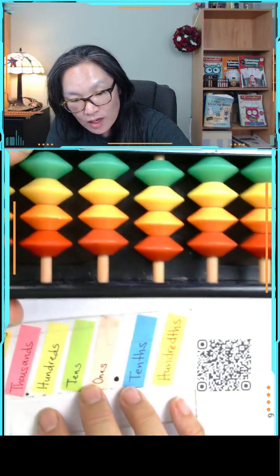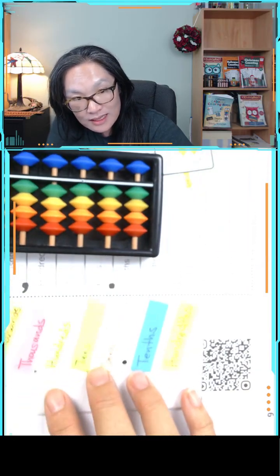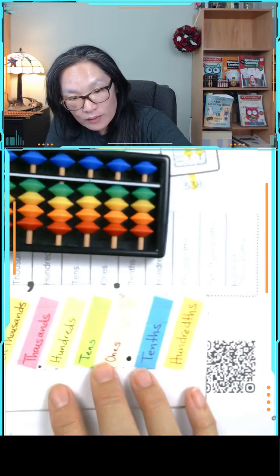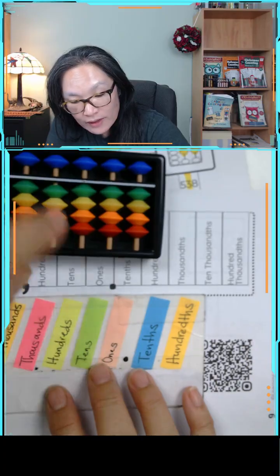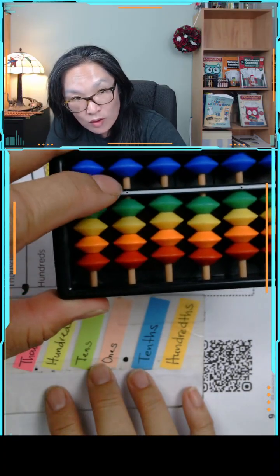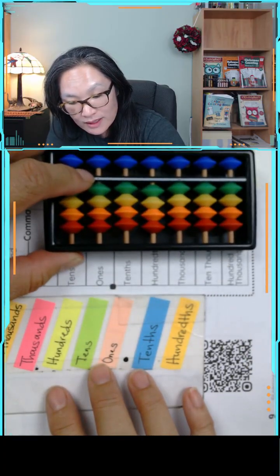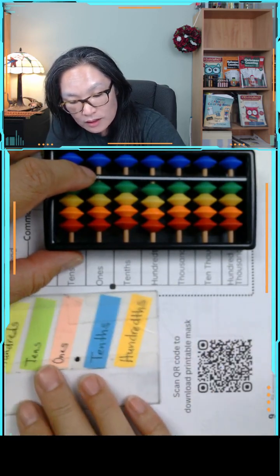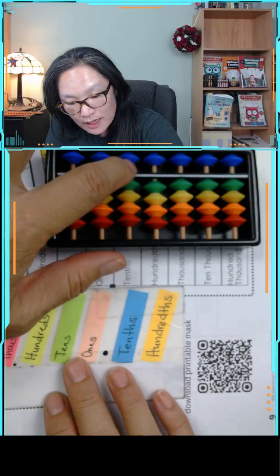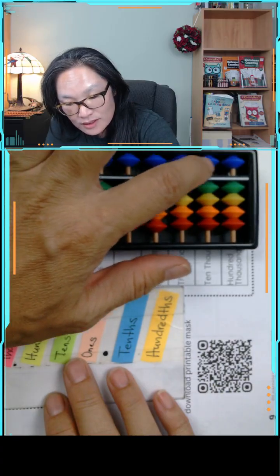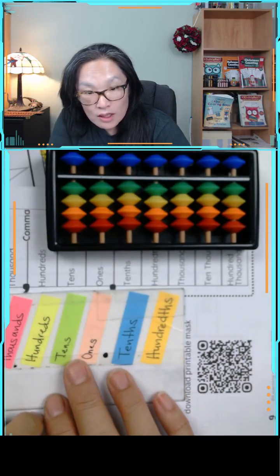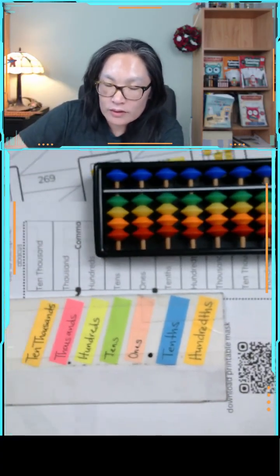So this is where the comma would be, right? And then this is the 10,000s. If you want to choose this one to be your ones place, you can actually move it over like this, and it'll be the same. It'll be ones, tens, hundreds, thousands, 10,000s, and then 100,000s. So it's kind of versatile.